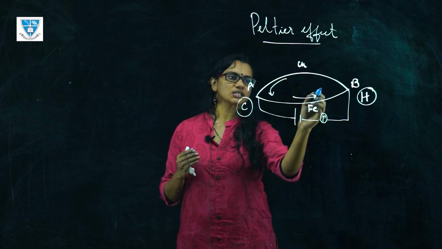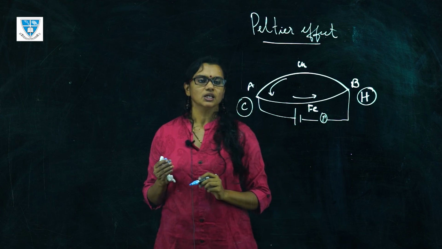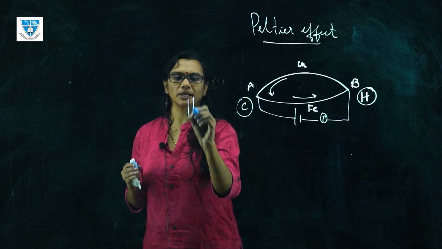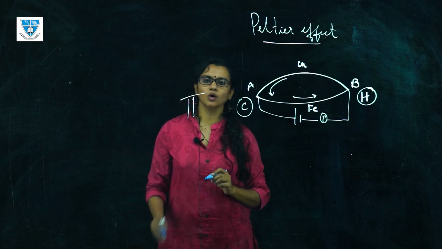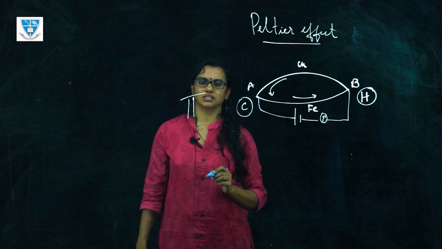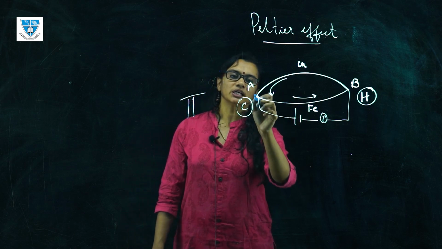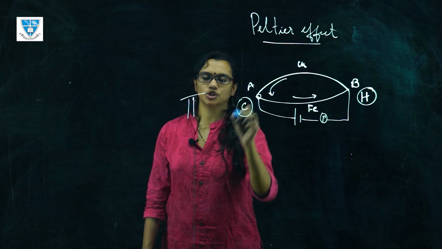So the Peltier effect says that an EMF is developed. He defined a coefficient denoted as pi. It is the amount of heat energy that is liberated or absorbed when unit charge flows through the given junction.